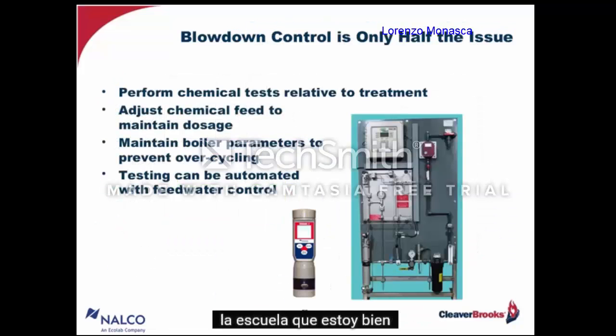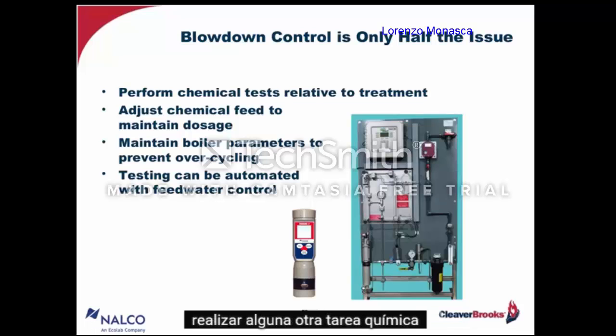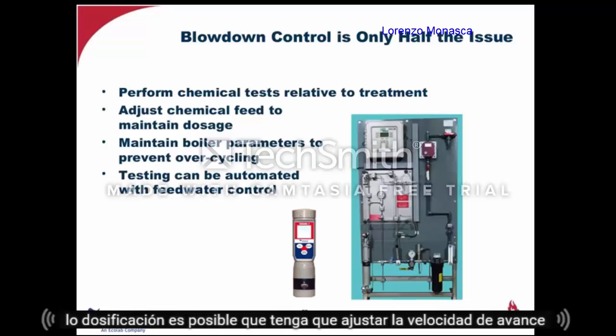But let's go on. Blowdown control is only half the issue. You have to also perform some other chemical tests relative to the product itself to control its dosage. You may have to adjust the feed rate to maintain that dosage.